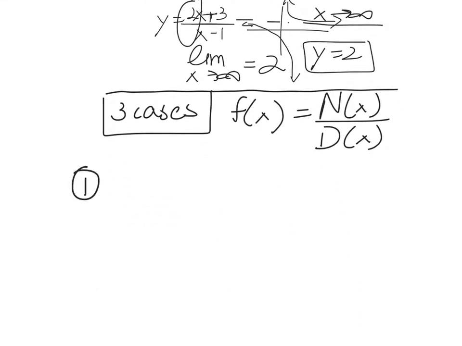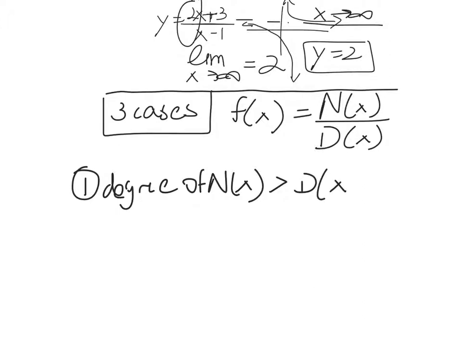Case number 1. Now we're talking about the degrees, okay? So if the degree of n of x is greater than the degree of d of x. If n of x is bigger than d of x, okay?